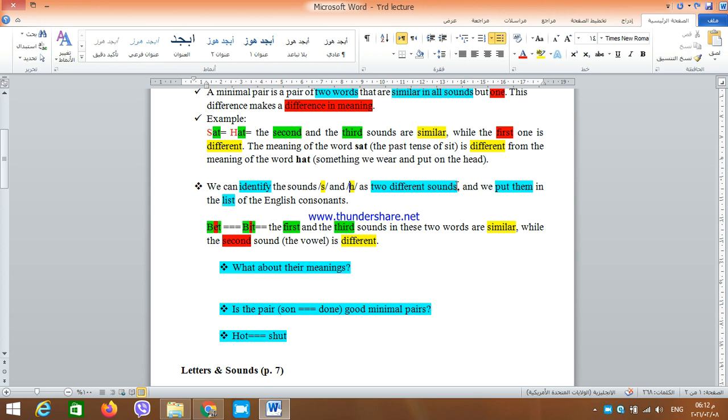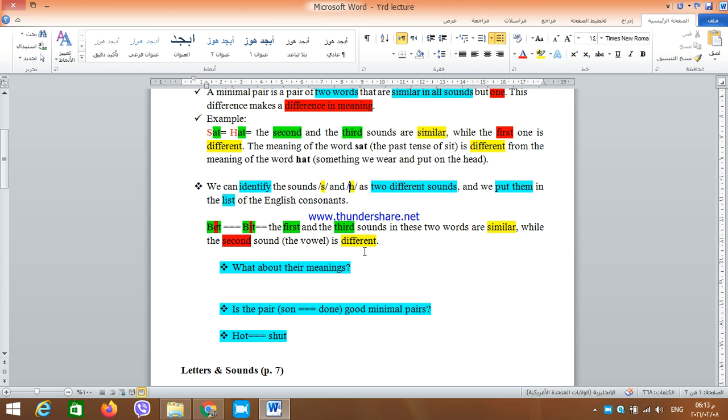We have different meanings. So that's why what we get from this example is that we say, okay, "sa" is a sound and "ha" is a sound, and we put them in the list of English sounds. And we use other minimal pairs to do the same thing, to identify other phonemes.